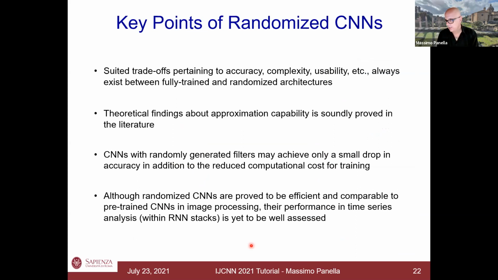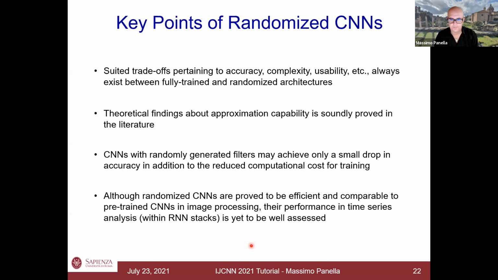But actually, this has been proved for image filtering and video analysis, image classification. But for time series forecasting, where these layers are used together with recurrent layer, there is still yet to be well assessed.